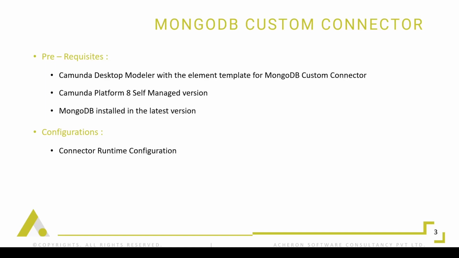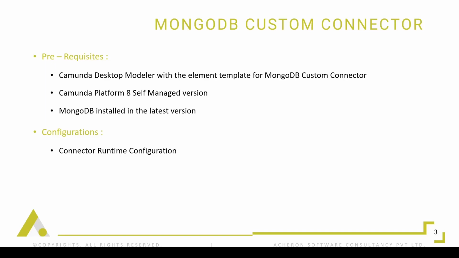And then you should have a Camunda platform 8 self-managed version. And since this connector is going to interact with MongoDB, we should have MongoDB also installed in our system. And then we will move on to configure our connector runtime in order to run the connector in the Camunda.